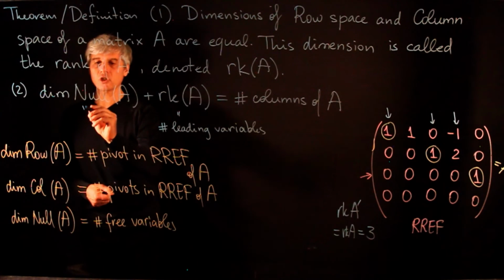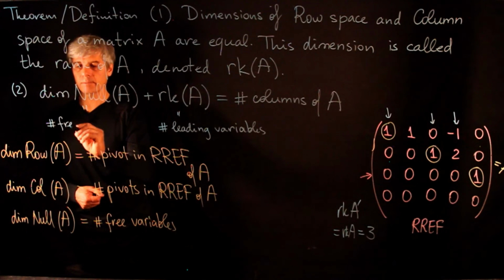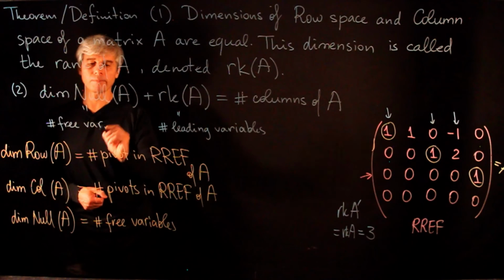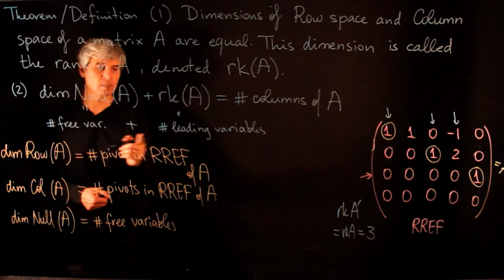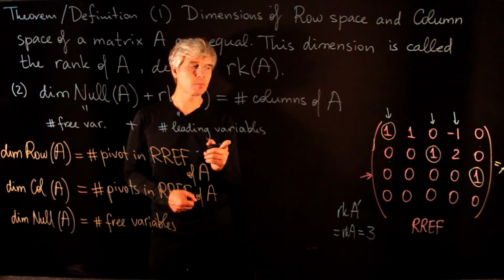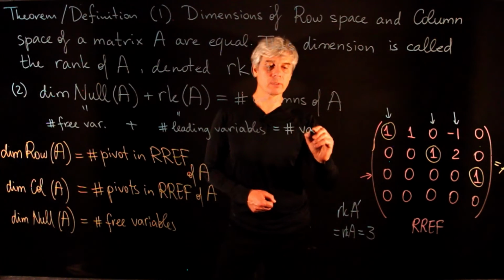And the dimension of the null space is equal to the number of free variables. If we add the number of free variables plus the number of leading variables, then we get the total number of variables.